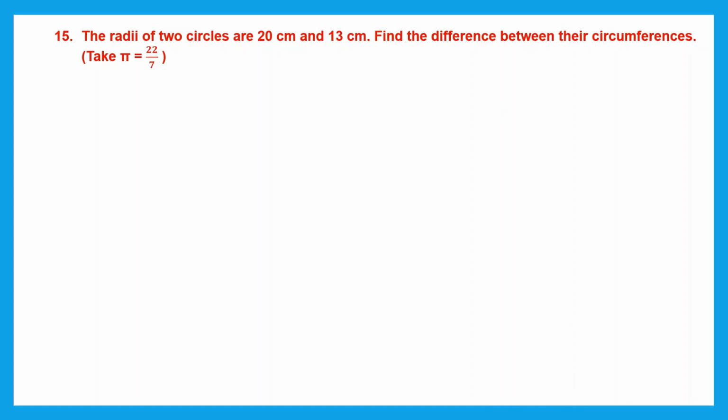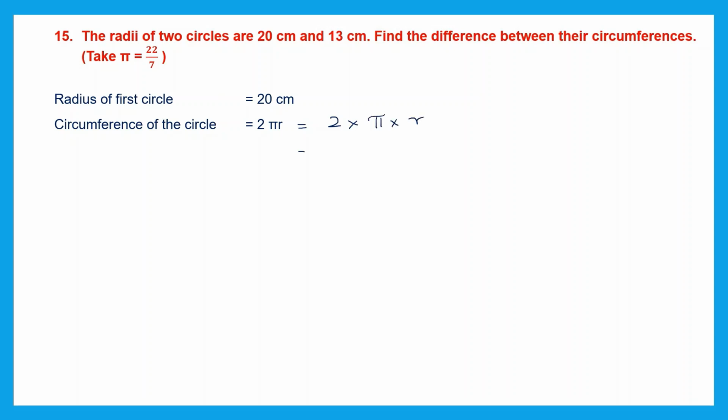So let's begin. Now, radius of the first circle is given to us as 20 centimeters. To find the circumference, we use the formula 2 pi r, which is 2 into pi into r. This is 2 into pi, we'll take it as 22 by 7. It's given to us in the question. And r is the radius, which is 20 centimeters.